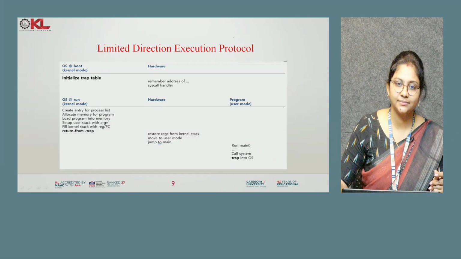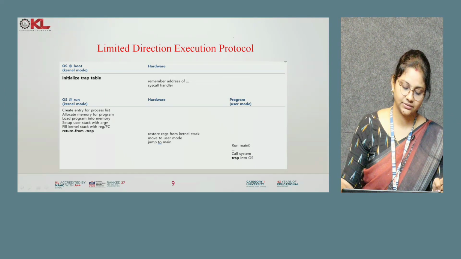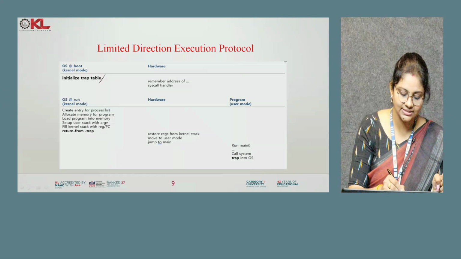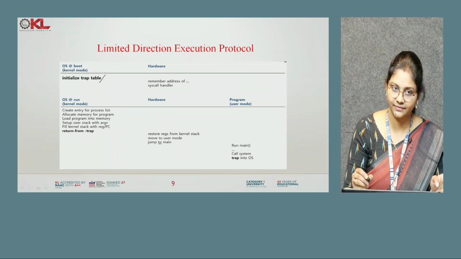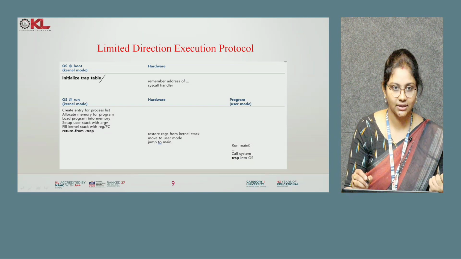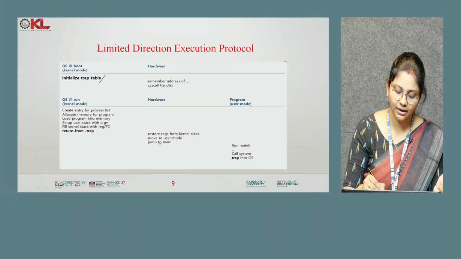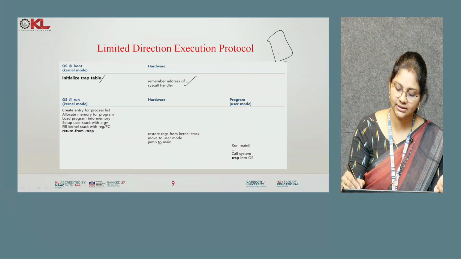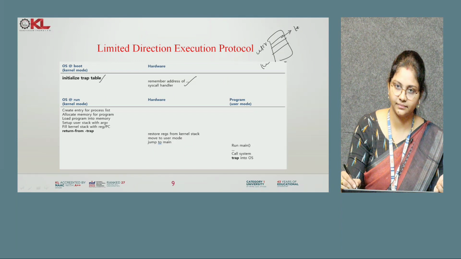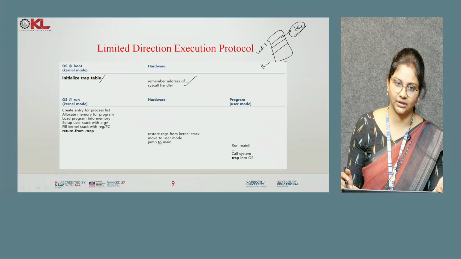Now, how will this limited direct execution happen? So now see here, initialize the trap table. That means it will be initialized in kernel mode, right? Now remember the address of the system call handler that I told you, from user mode to kernel mode. Here we will set up some stack values and everything, right?